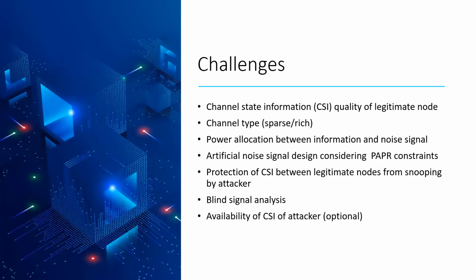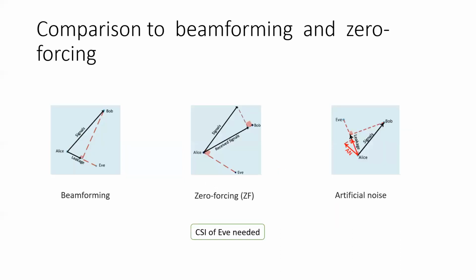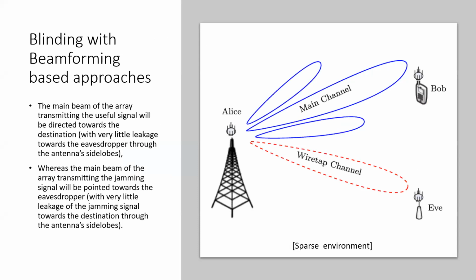But in the sparse environment, you can use beamforming, a narrow beam of signal towards the legitimate node, and for the other directions, if you know the attacker, you can send noise beams towards the attacker, or if you don't know the attacker, you can send isotropic noise to other directions.